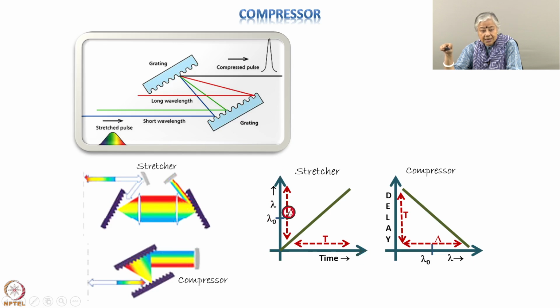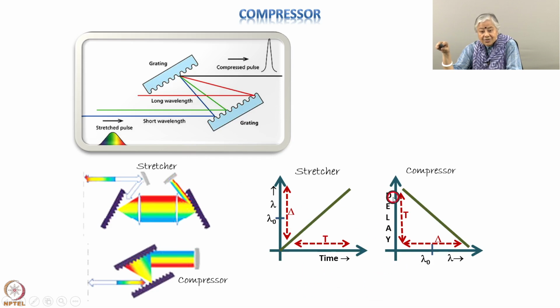According to time, all my frequencies have been spread out over this time. So, delta lambda basically, this much is that delta lambda, all the frequencies that are sitting inside my pulse, and this is the time spread. All these frequencies have been spread over time. Now, in a compressor, all I have to do is take the opposite of this.